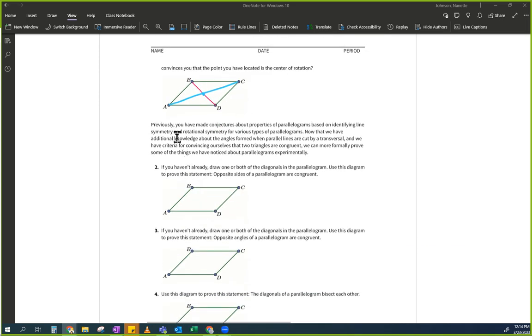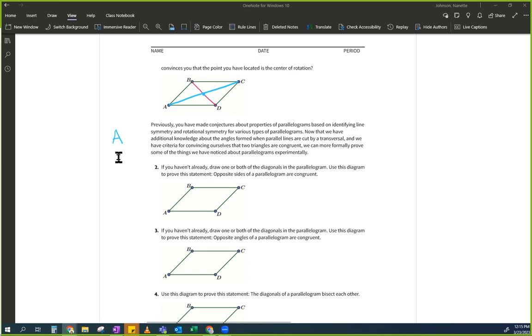Previously you made conjectures about properties of parallelograms based on identifying line symmetry and rotational symmetry. Line symmetry means, think about the capital letter A. Do you see the line symmetry in the capital letter A?